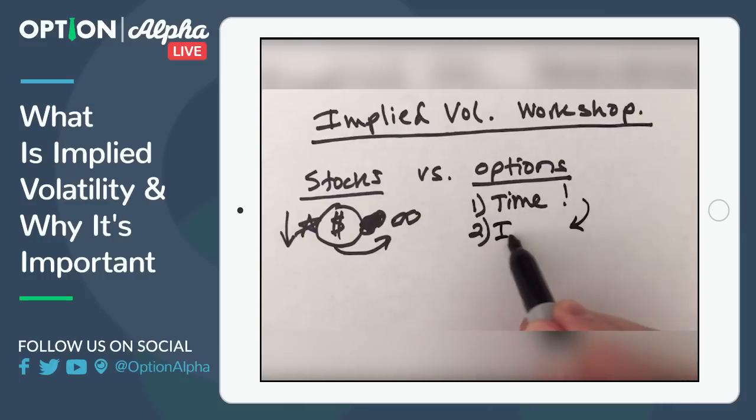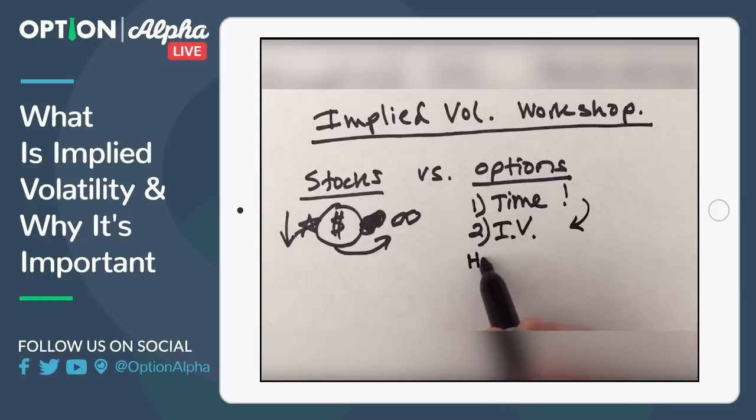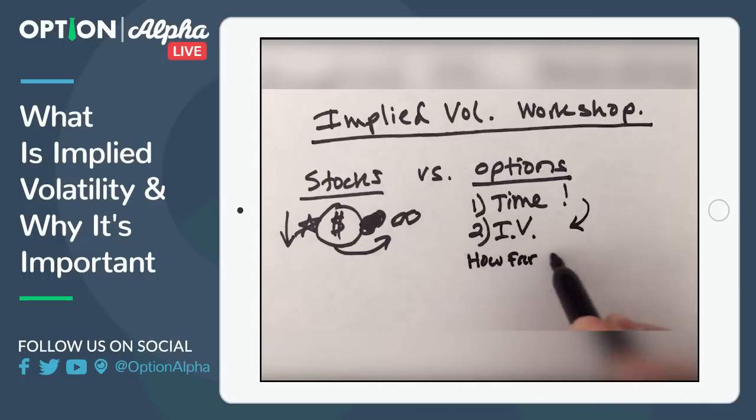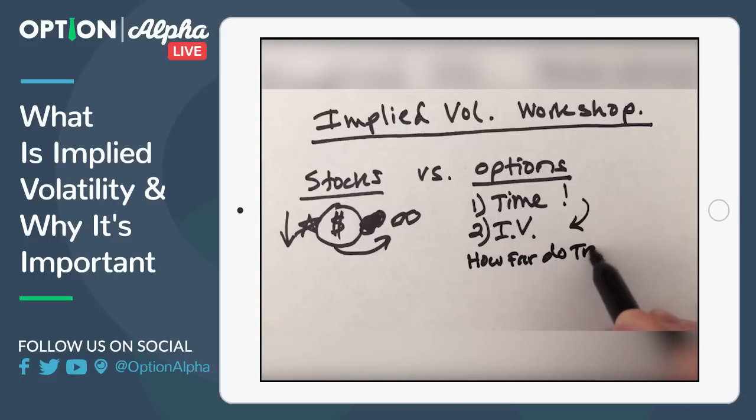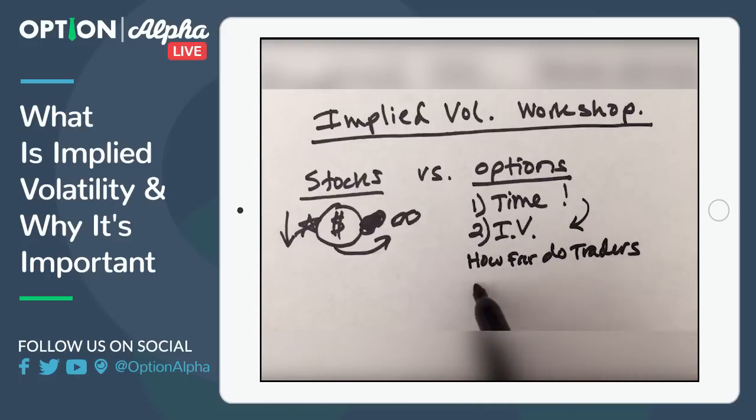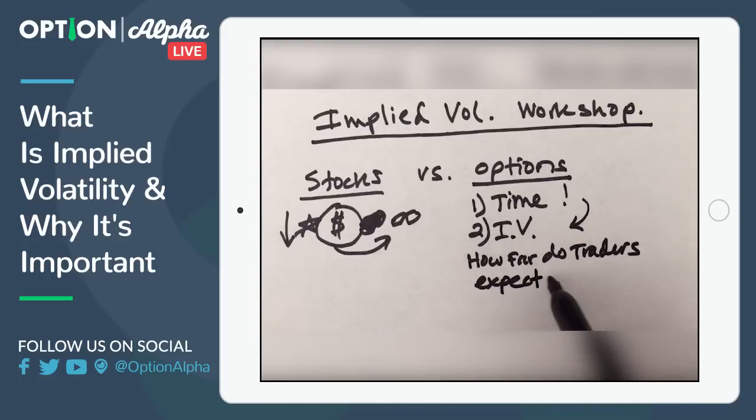Implied volatility, or IV for short, basically just answers the question: how far do traders expect the stock to move? That's the answer. That's basically what IV does.